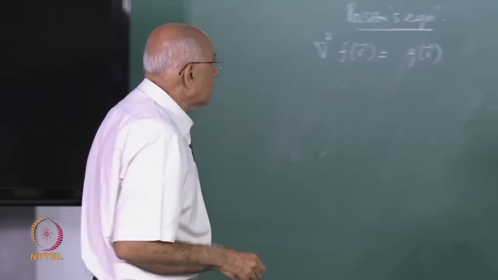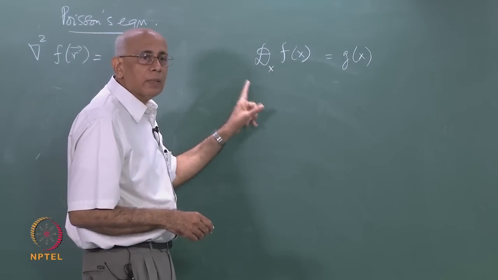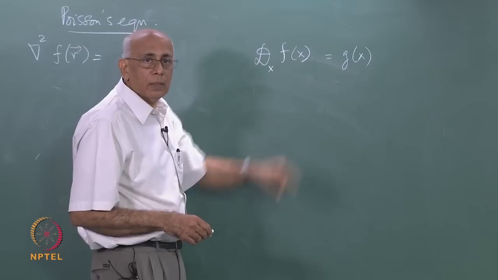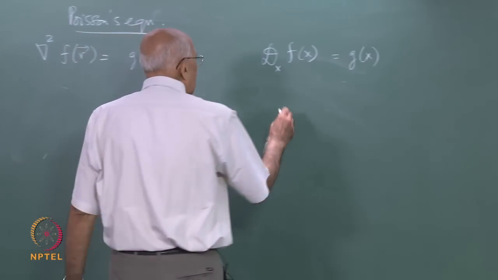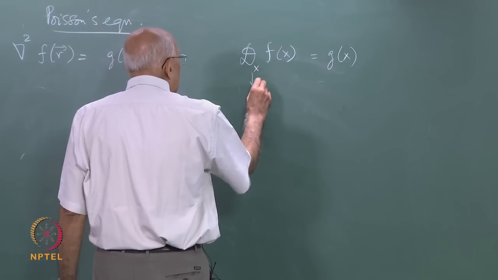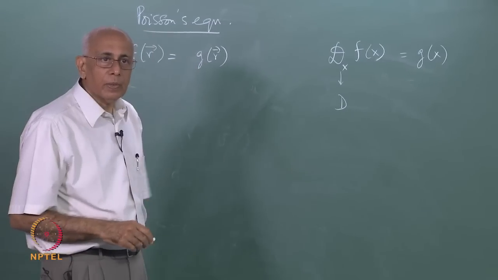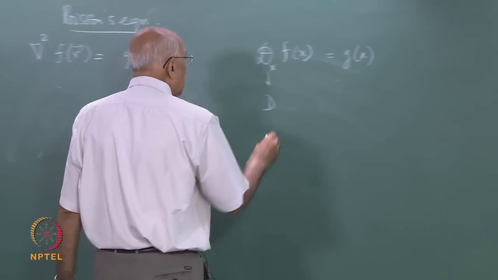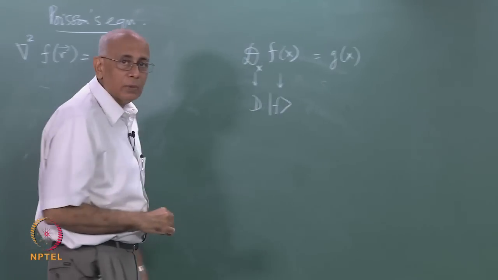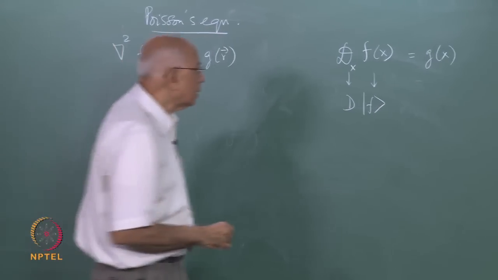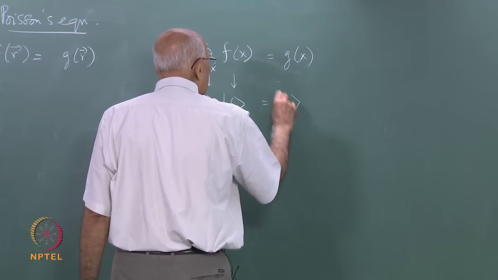Okay. The answer is of course that you need to formally invert this operator and somehow get it to act on this g here. So let us do this in abstract notation and see what it looks like. In abstract notation, if this D is a representative of some operator D in some linear space, and this f is represented by this ket vector on the space, I will use Dirac notation here, this is equal to g on the right hand side.